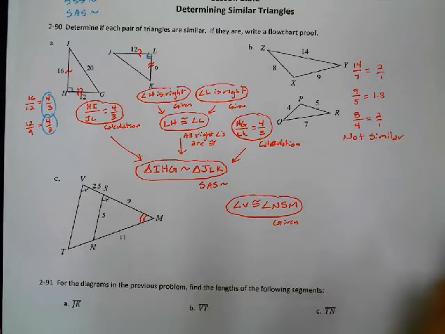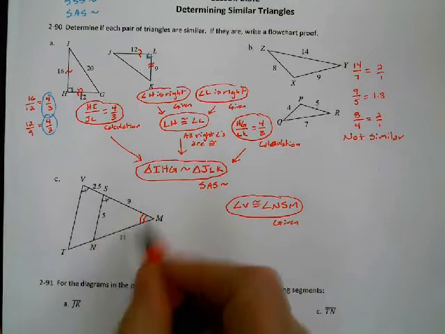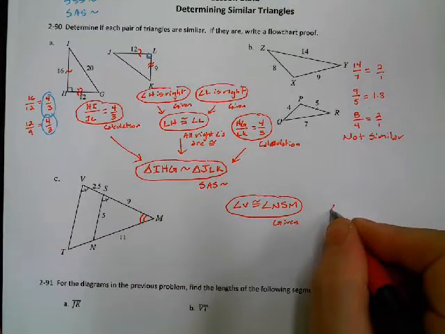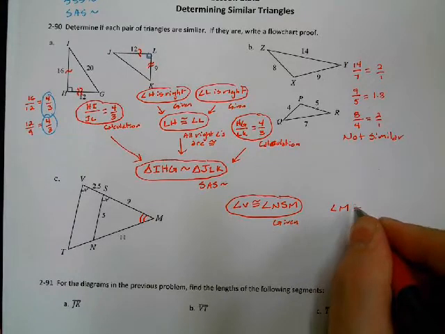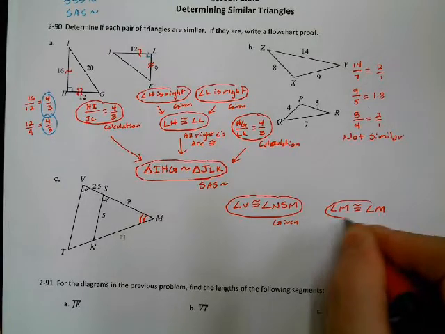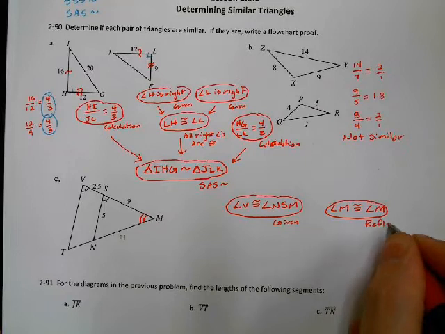And then over here, I've got angle M. Angle M from the small triangle is the same as angle M from the big triangle. So I can say that angle M is congruent to itself, angle M. And that is the reflexive property. Reflexive property says anything is congruent to itself.